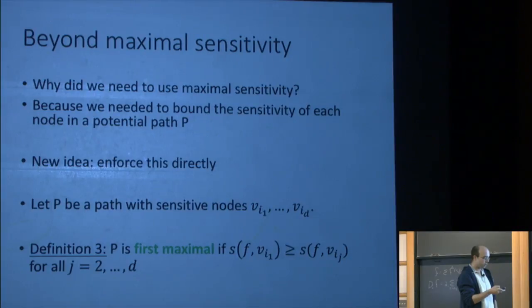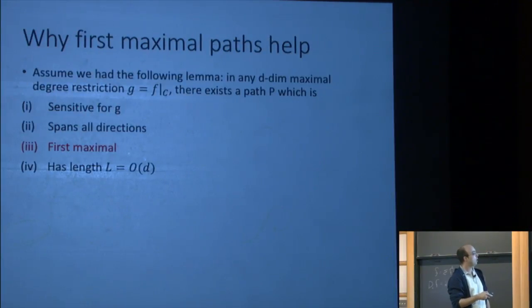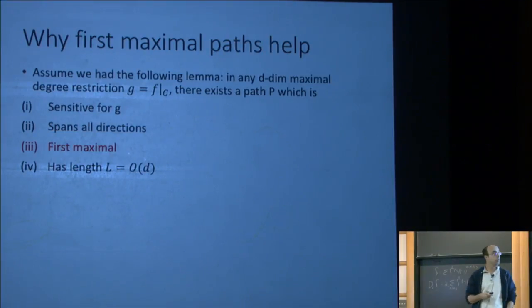Now I'm hoping for a revised lemma that says, if you give me any function that is a restriction of a Boolean function, I can always find a path here that is sensitive for G, spans all directions, is short, same as before, but now also the first node has a maximal sensitivity.